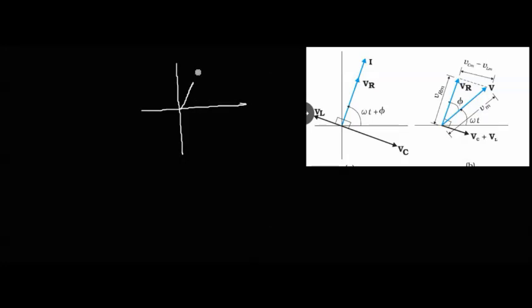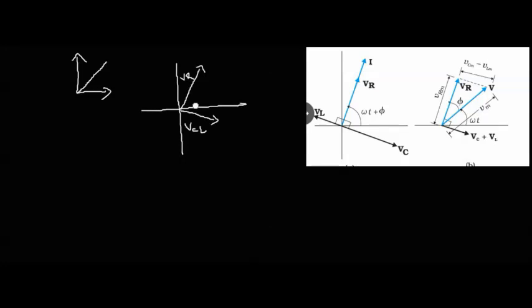Okay, this is our voltage phasor across the resistor VR, and this is our resultant VCL. And we have to find the resultant of these two vectors. We have to do the vector addition, and you learned the triangle law of vector addition and the parallelogram law of vector addition, and you also learned that if the angle between two vectors is 90 degree, the resultant will lie making an angle of 45 degree with the x-axis and y-axis.